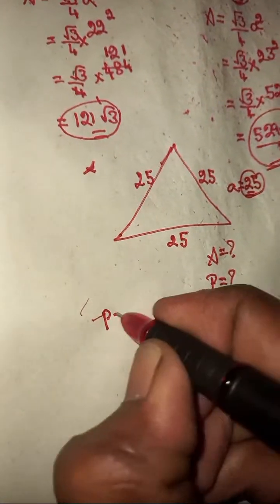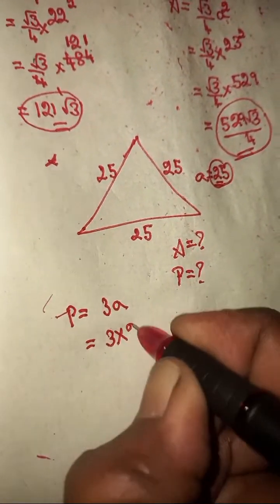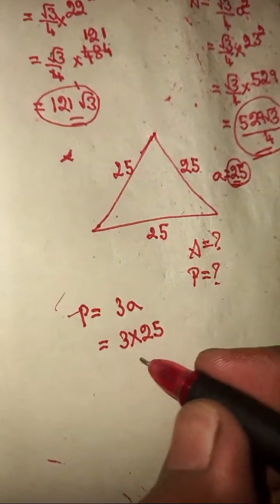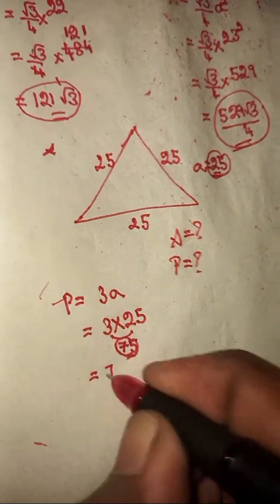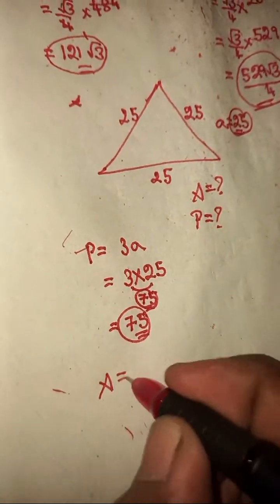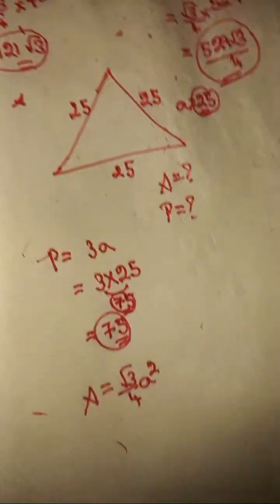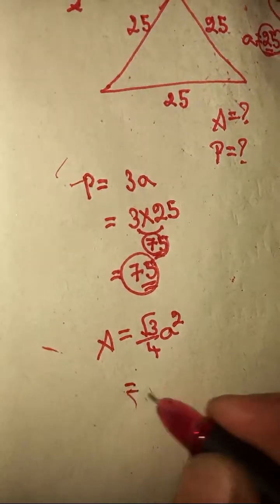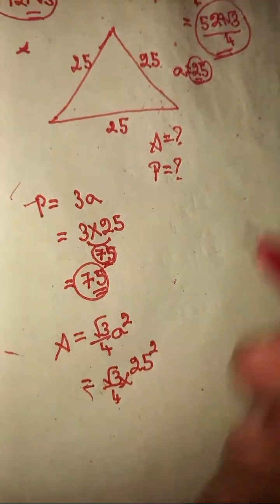Perimeter is equal to 3 times the side length, which is 3 times 25 units. 3 times 25 is 75 units. You're going to get 75 units as the perimeter, and the area of this triangle is root 3 by 4 times a square. So root 3 by 4 times 25 square.